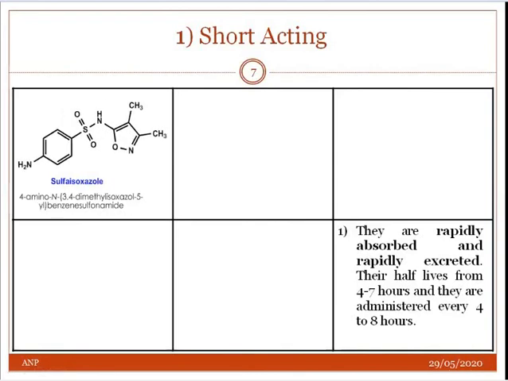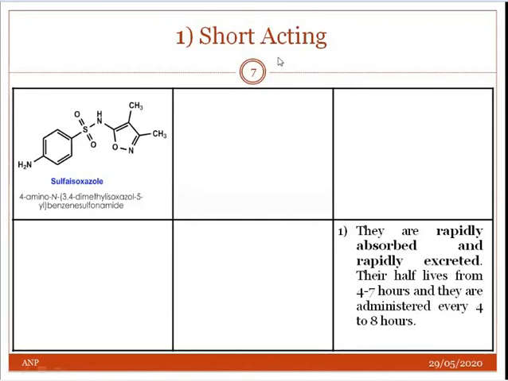The first example is sulfisoxazole. In most of the books the name of that compound is mentioned like this, but I deliberately write it differently, so it is very easy for me to remember the heterocyclic ring which is present in it.